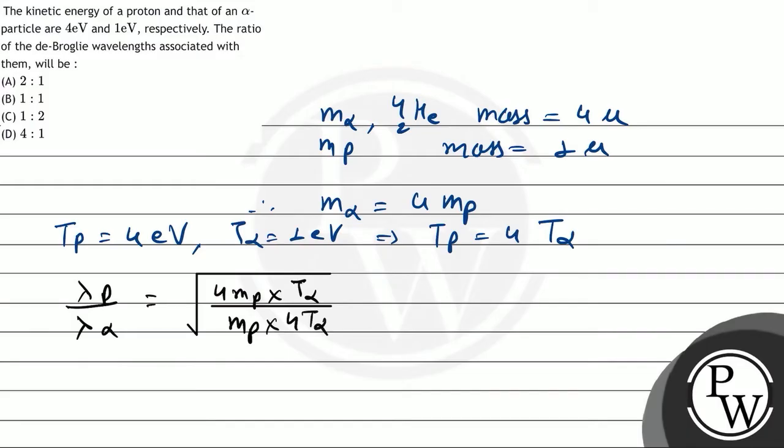Correct. So here we can see that the same expression is on top and bottom, so this will be equal to root of 1, which is equal to 1. Therefore lambda p is to lambda alpha is equal to 1 is to 1. Okay, so this is our final answer.